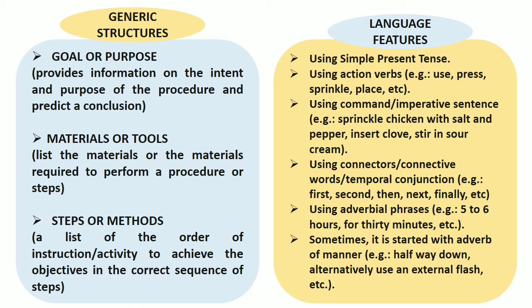Well, the procedure text also has some language features, including first, using simple present tense. Second, using action verbs such as use, press, sprinkle, place, and etc. Third, using command or imperative sentence such as sprinkle chicken with salt and pepper, insert clove, stir in the sour cream, and etc. And fourth, using connectors or connective words or temporal conjunction such as first, second, then, next, finally, and etc. And fifth, using adverbial phrases.